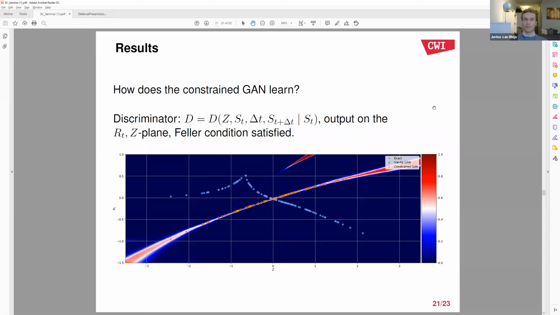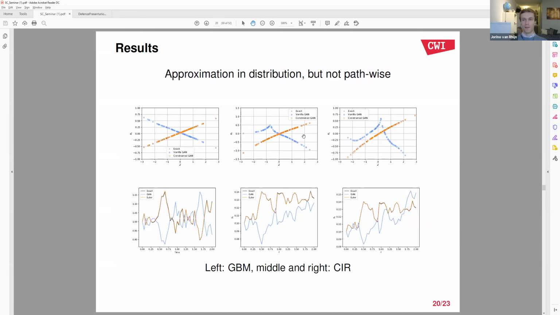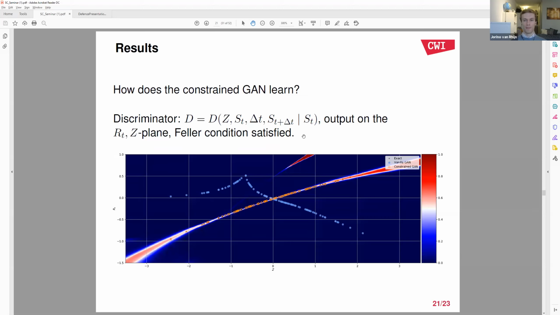So the discriminator essentially identifies this map in the space of the solution with the random input Z. So it actually identifies this curve that I also showed at the top row in this image as well. So it identifies which map the generator should learn, and that's how the constrained GAN is different from the vanilla GAN.